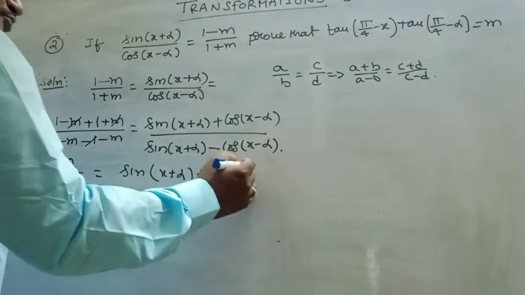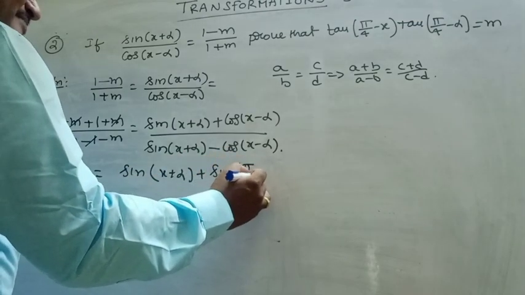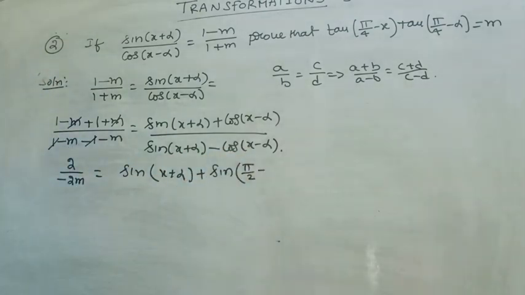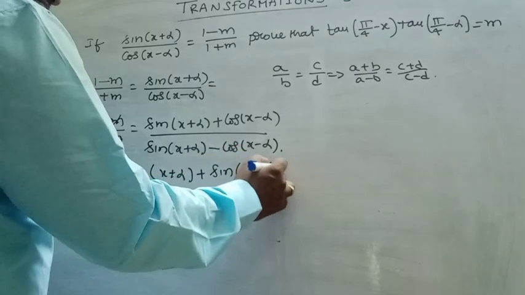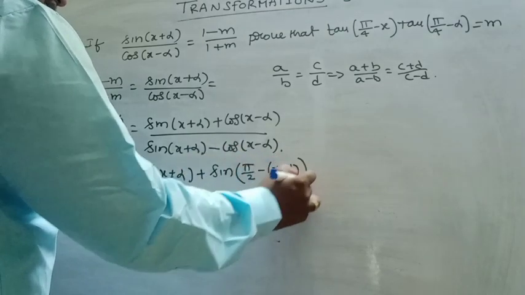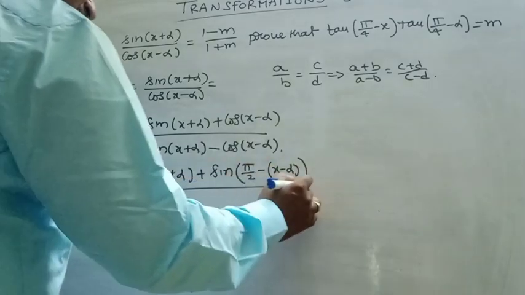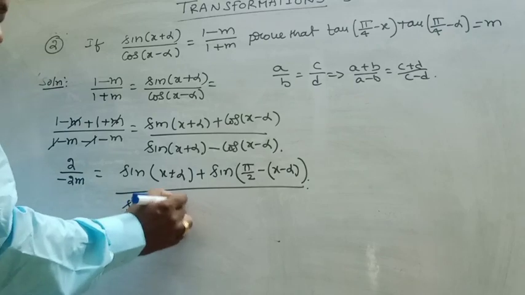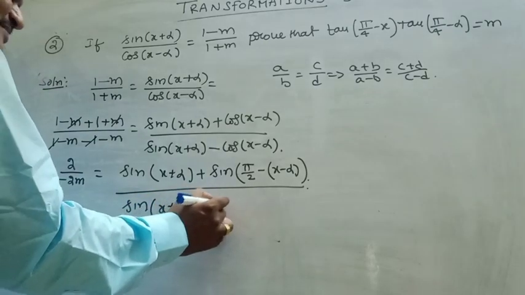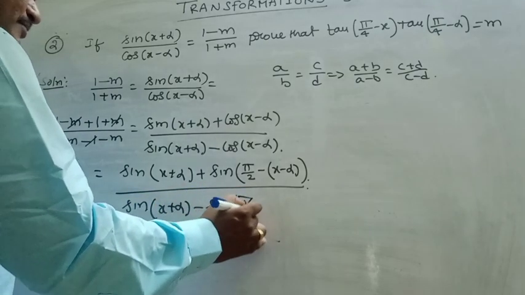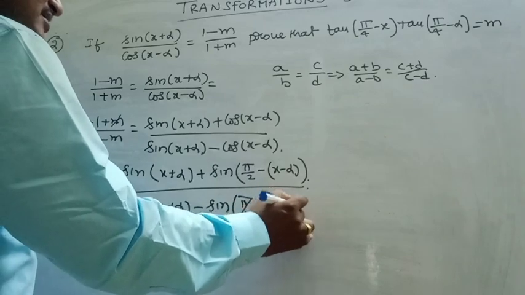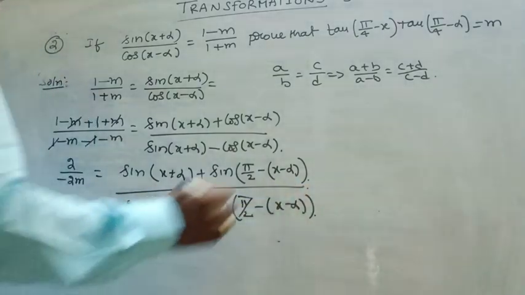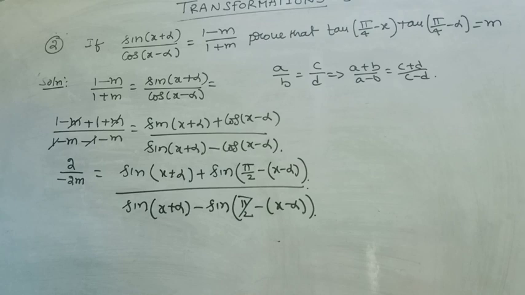That means I will use sine 90 minus theta, so this is nothing but sine (pi by 2 minus theta). Only you will be getting here sine (pi by 2 minus x minus alpha), like this. Whole thing divided by, here also you are having sine of (x plus alpha) minus sine (pi by 2 minus of x minus alpha), like this, right? Wonderful. Now we have got the thing like this.